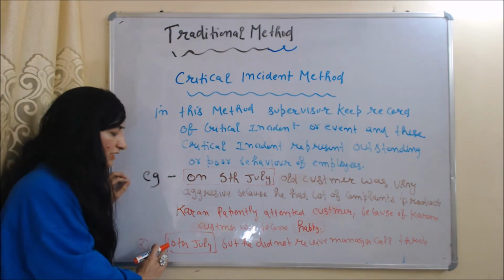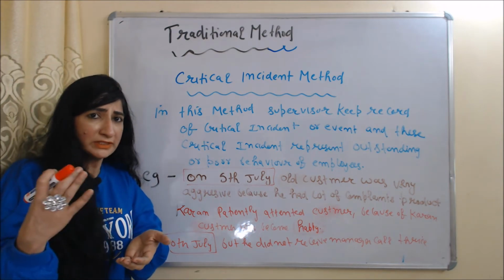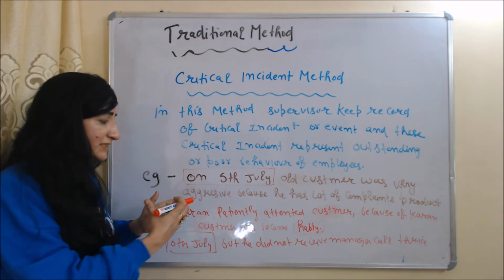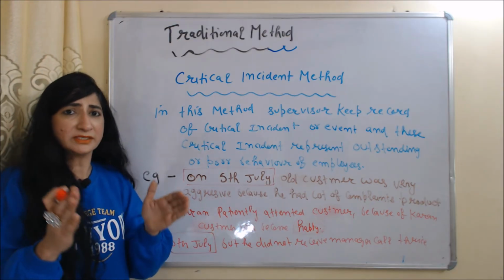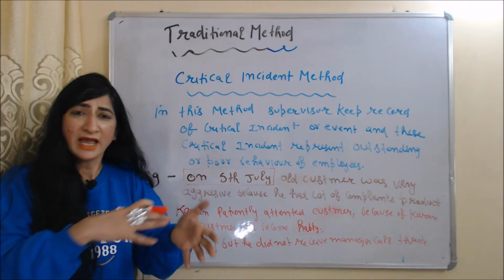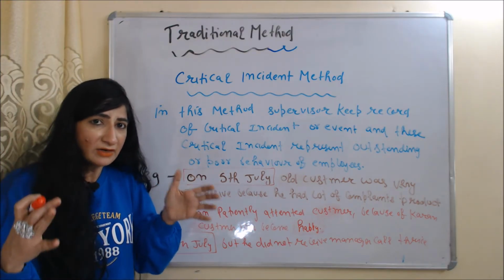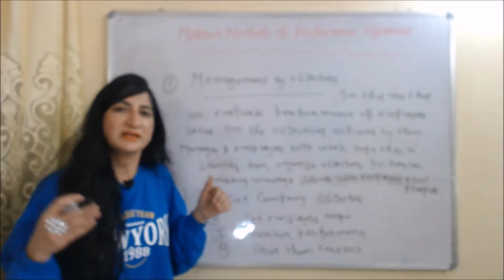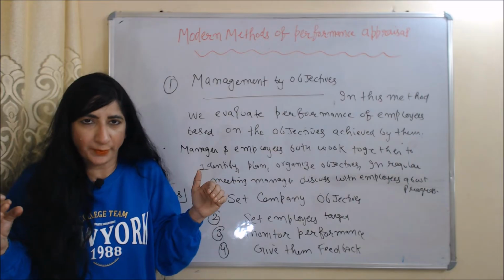On the other hand, on 10th July, the store manager wanted to talk with Karan very urgently, but he didn't receive the manager's call thrice. So this incident represents poor behavior of Karan, and based on these critical incidents, the supervisor will evaluate performance of Karan.